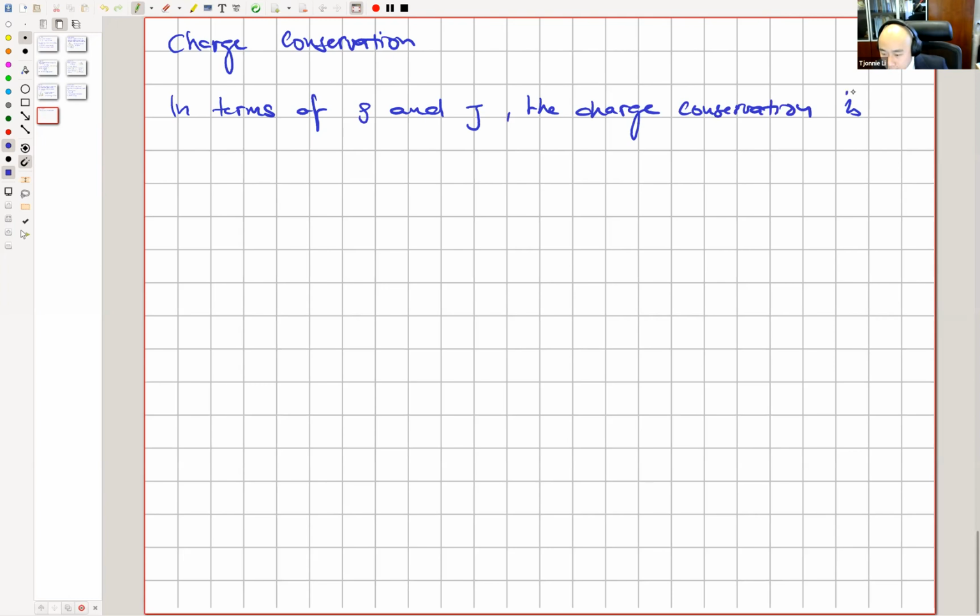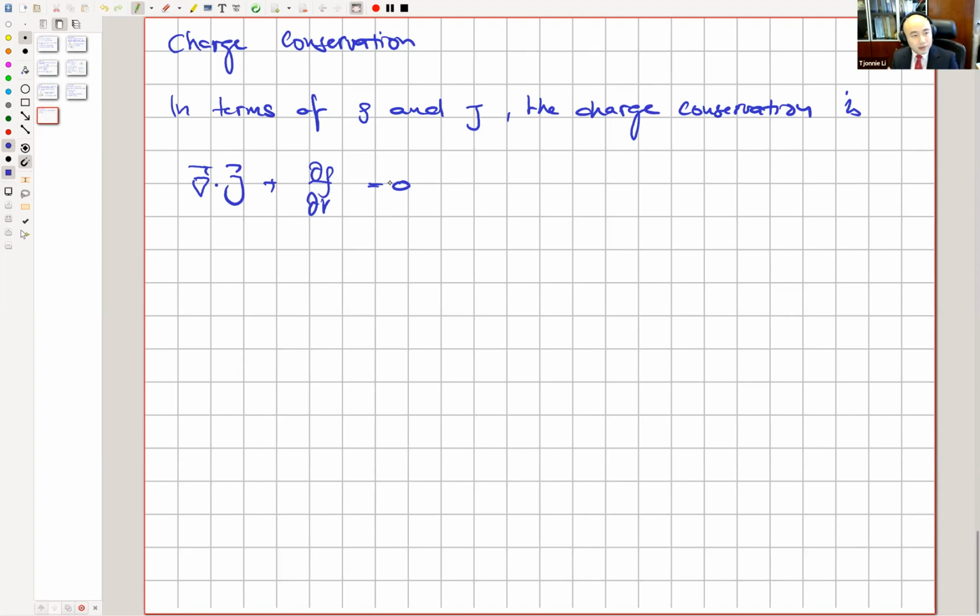Alex is saying divergence of j plus partial time derivative of charge density equals 0. Very good. So the charge conservation that we started off with is indeed that the divergence of j plus partial rho partial t equals 0.